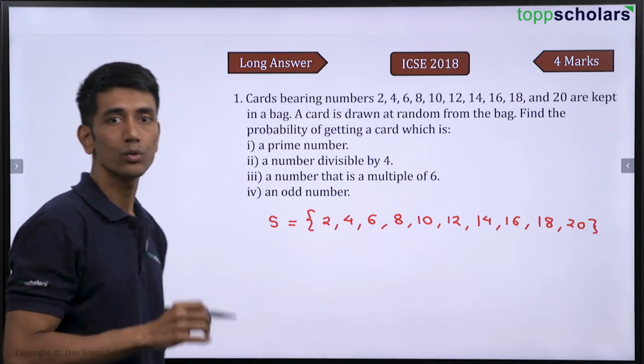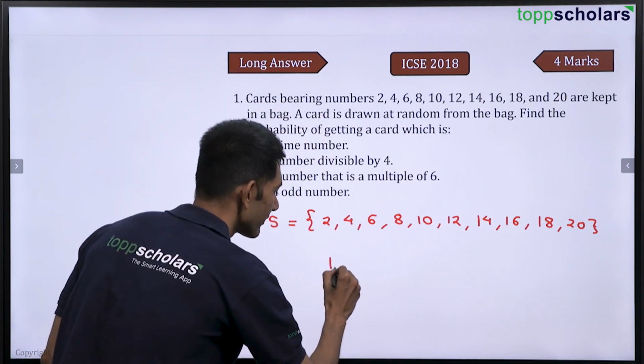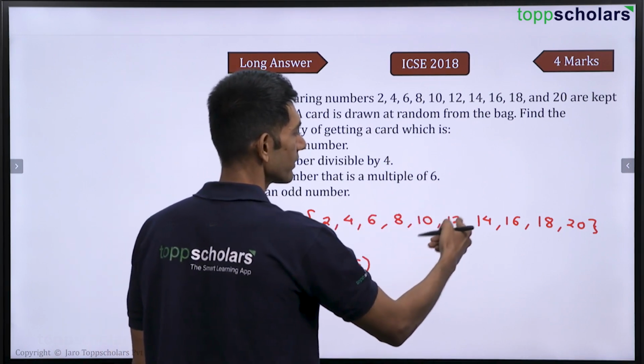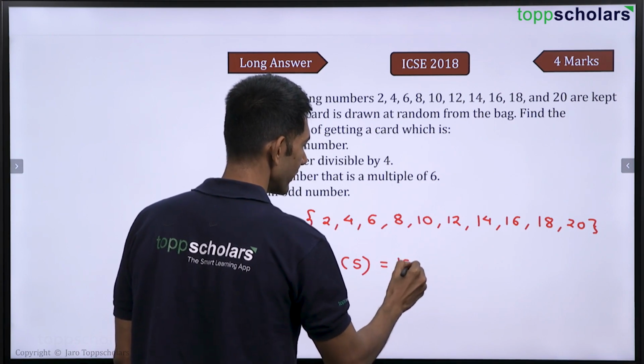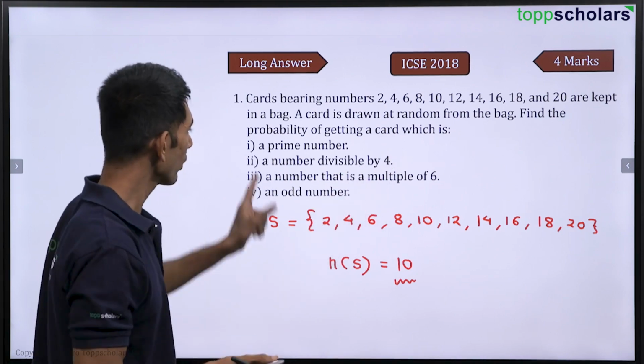I also need to count the sample points. n of S: 1, 2, 3, 4, 5, 6, 7, 8, 9, 10. So n of S is going to be 10, basically 10 even numbers.